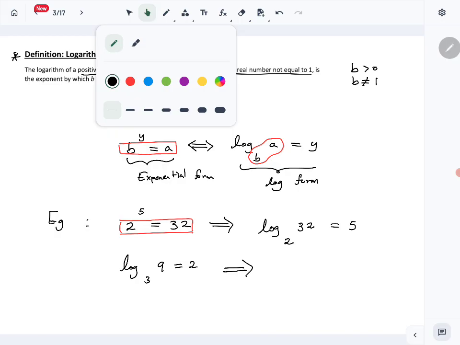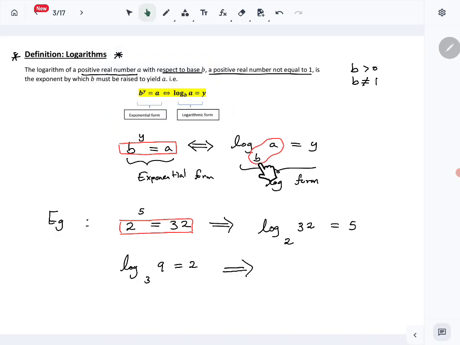How do you convert it? Base raised to y, b to the y. So your base raised to this number. So what is that? 3 squared, that is equal to what is inside of the log. So 3 squared equals 9. So that's how you convert from log form to exponential form.